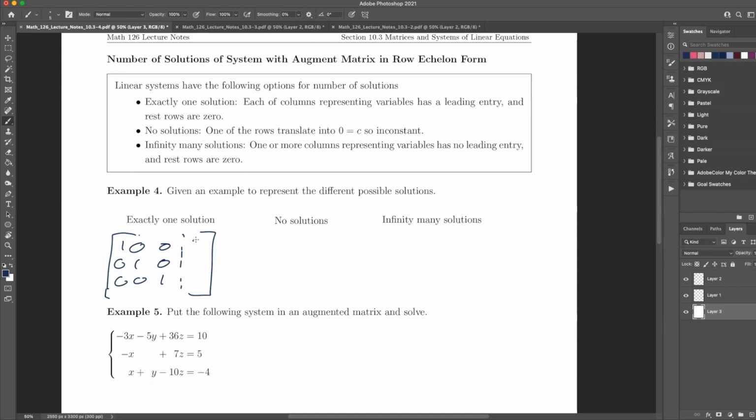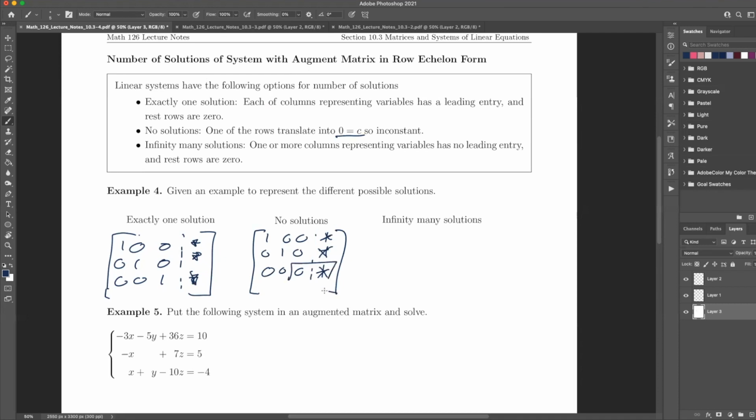If there's no solution, at least one of the rows will translate into 0 equals a constant. Let me explain that. So if I have 0, 0, 0, star, 0, 0, 1, 0, star, and then 0, 0, 0, star, and I'll put in the little dotted line again.